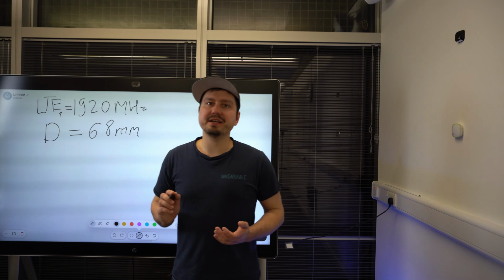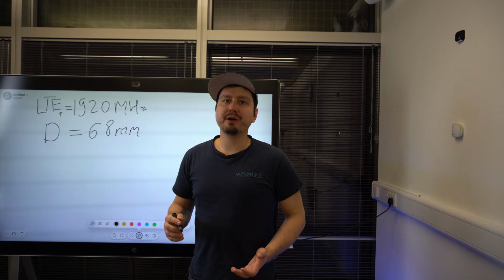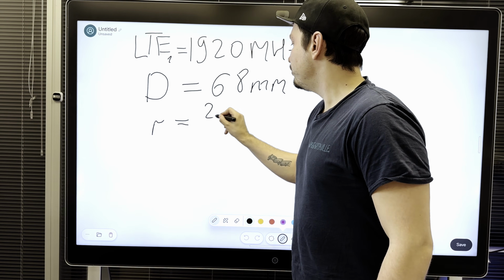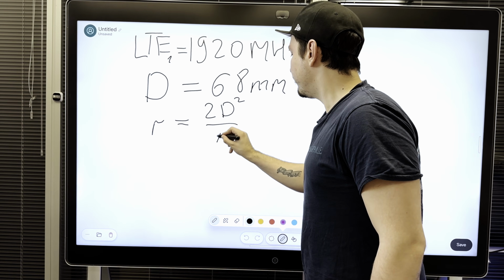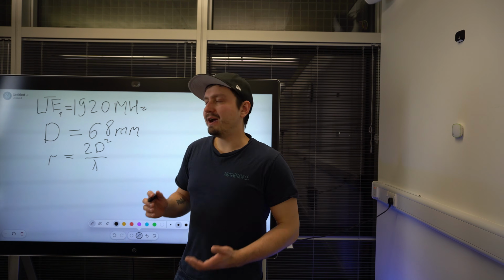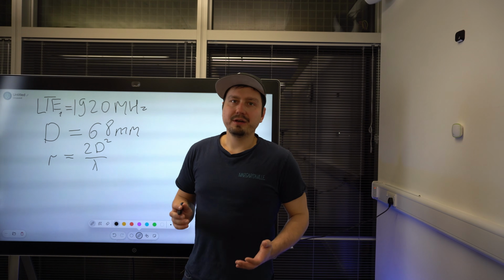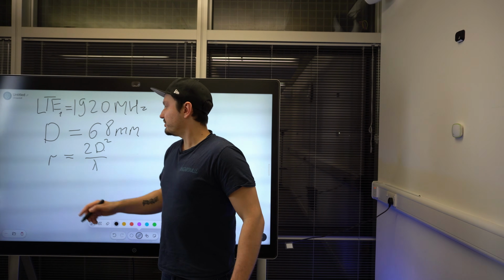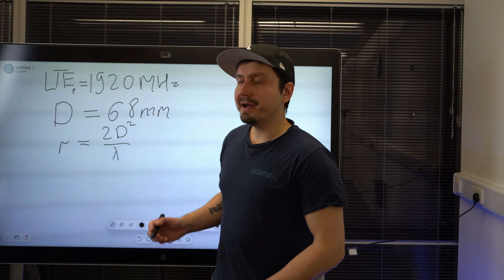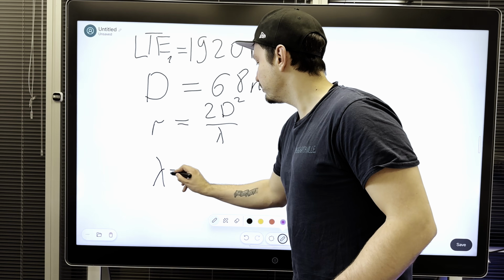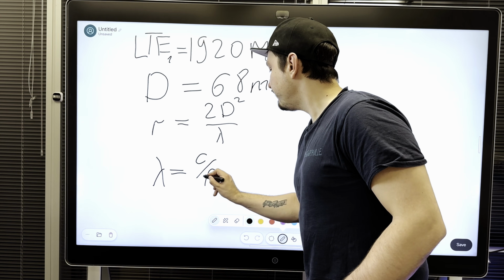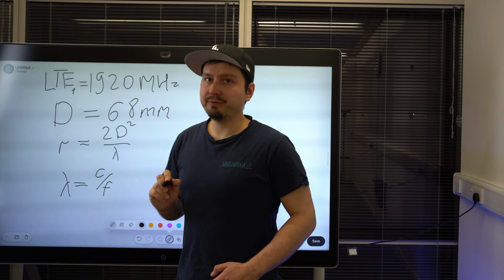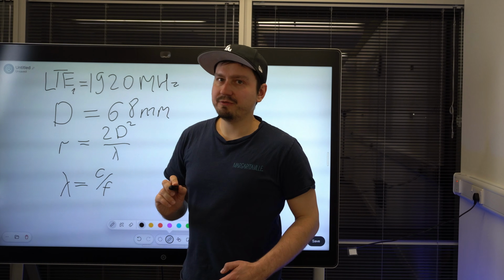And this distance D is now going to dominate the far-field boundary, which is defined by the formula 2D squared over wavelength. Even though the wavelength is indeed shorter at larger frequencies, the largest D is going to give us the largest R. For band 1, the wavelength is equal to c over f, which is the speed of light over the frequency of the carrier transmitter, 1920 megahertz.